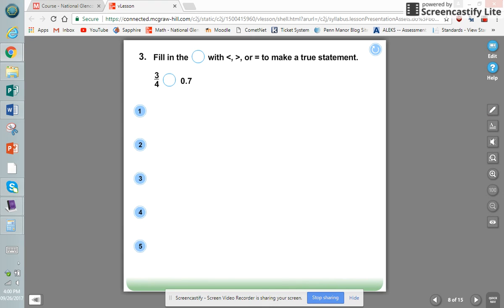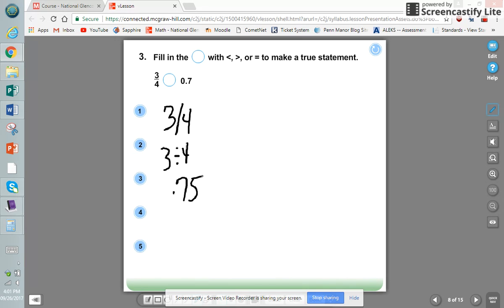Here we have a fraction and a decimal. Half the work's done for us. That decimal will still be a decimal when I get done. I'm going to convert 3/4 to a decimal, 3 divided by 4, which some of us have already memorized is 75 hundredths. Now let's think of it this way. If I have 3/4 of a dollar, I would have 75 cents.